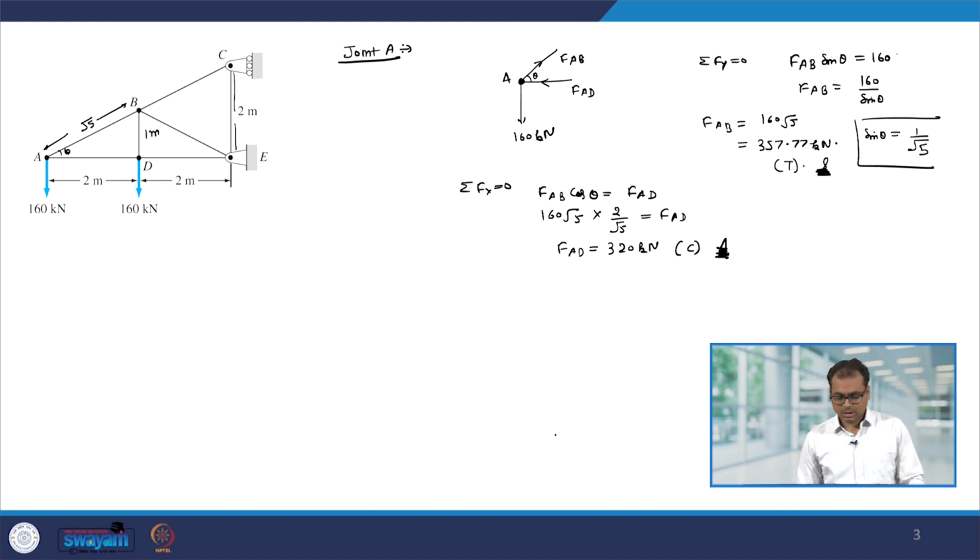Now, let us use joint D. So, the free body diagram of joint D is like this.